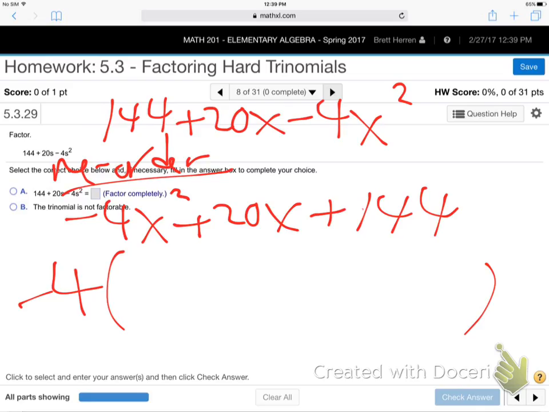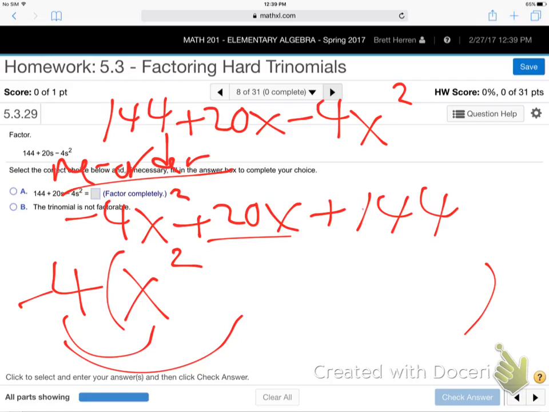So inside, it's whatever works. Don't even think hard. Just say minus 4 times what? You're totally right, Carl. X squared. And minus 4 times what will go back to plus 20? This making sense? Am I losing you?